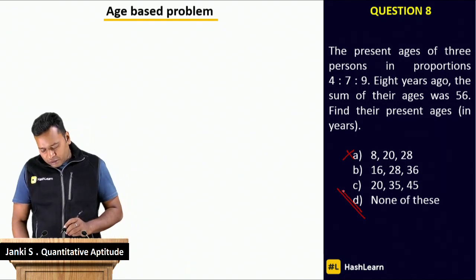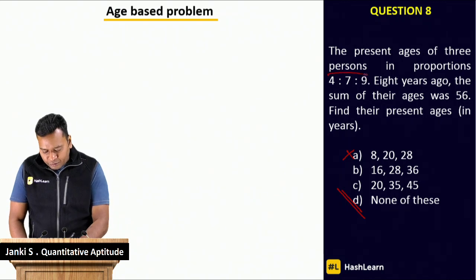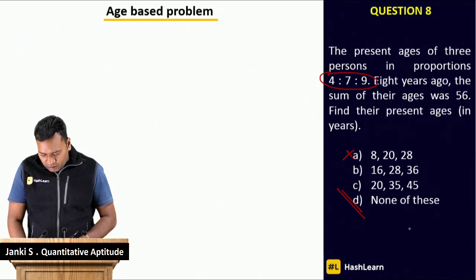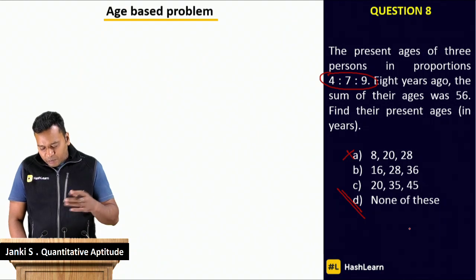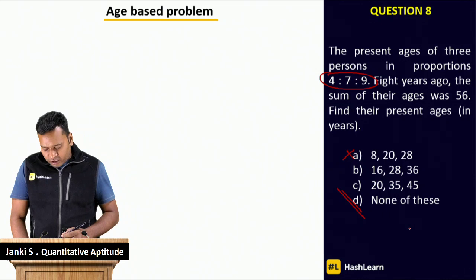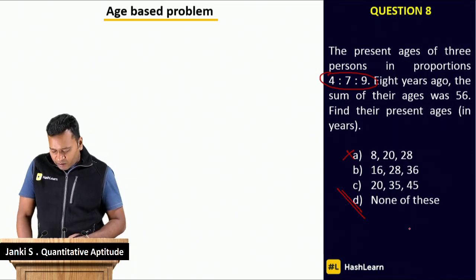So it should satisfy both the criteria. It should be in the ratio of 4 is to 7 is to 9, as well as the summation should be nothing but 56 plus 8 plus 8 plus 8, right? So first thing is, let's see which all are in the ratio of 4 to 7 is to 9.